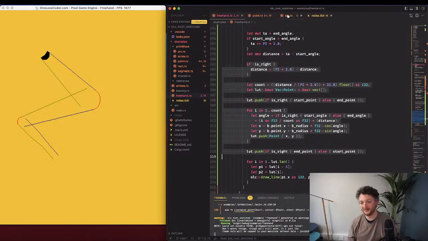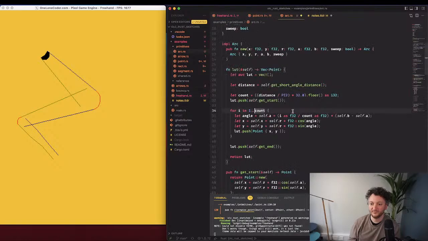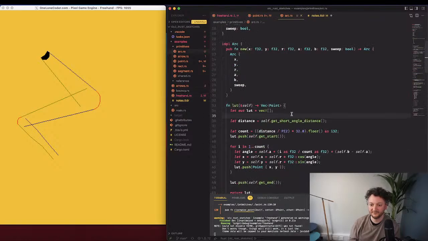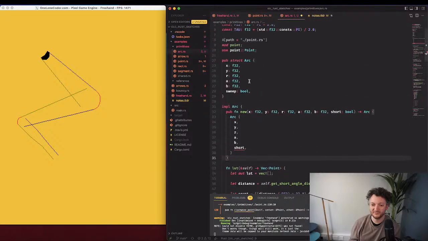All right. So if sweep is short, hold on a second. How are we going to do this? The sweep should be short. Basically, are we doing the short angle or the long angle?